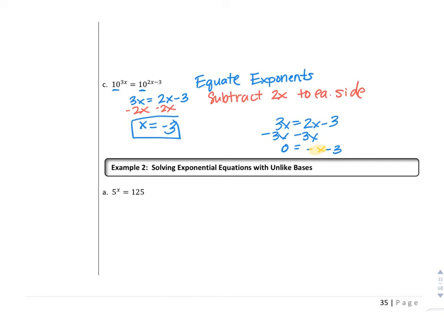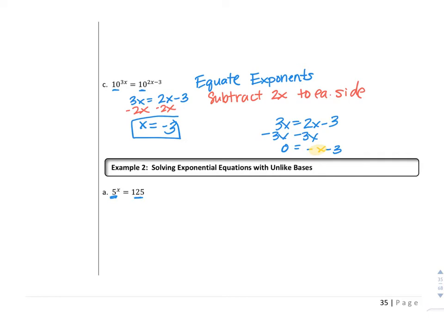So now we're going to get into some examples where the bases are not the same. So if you look here at this first one, letter A, 5 to the x is equal to 125. So this one may be a little bit obvious, especially if you know your perfect squares, if you know your cube roots, etc. So this answer might be obvious, but to follow the property, we would need both terms on either side of the equal sign to have the same base.